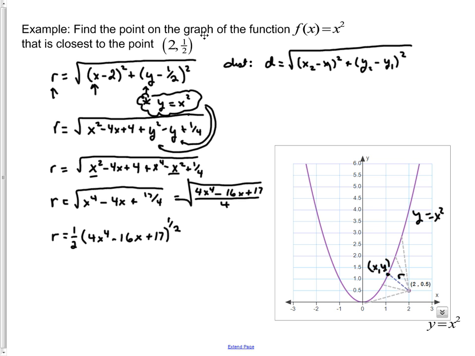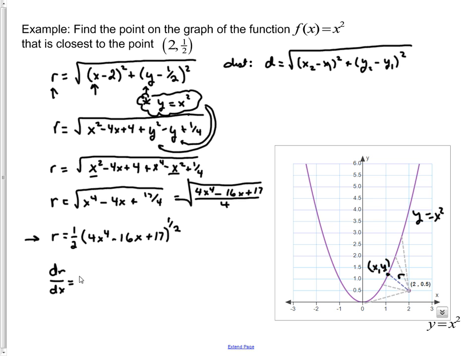Let's go back. We're looking for the closest point. So what we're trying to do is find a minimum. And that means, from what we've learned, we find minimums very often by finding where the derivative of a function is either equal to 0 or undefined. So, in our case, we can find the derivative of r with respect to x fairly easily right here.